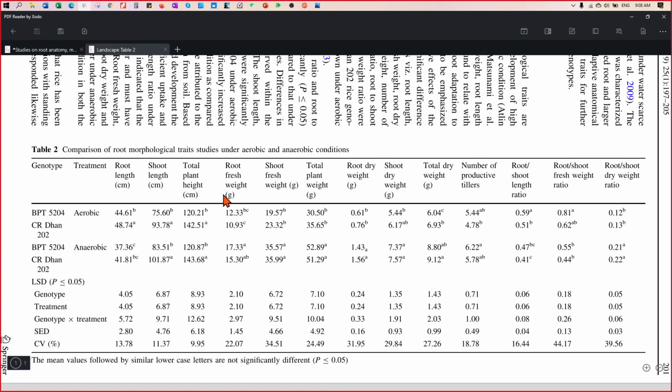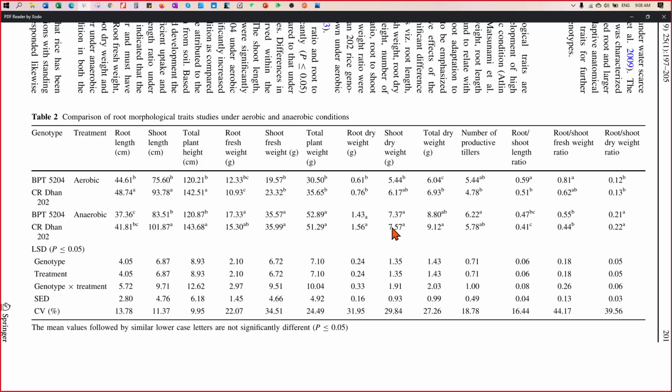So this is the results for the second subsection. You have the root length, shoot length, total plant height, and so on. There are so many things. What's important here is that for the aerobic, between the two varieties, who is higher?